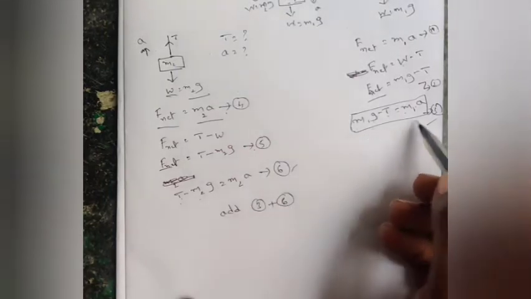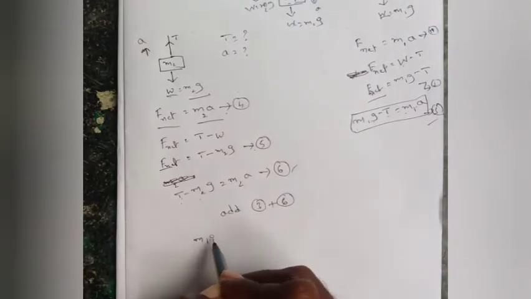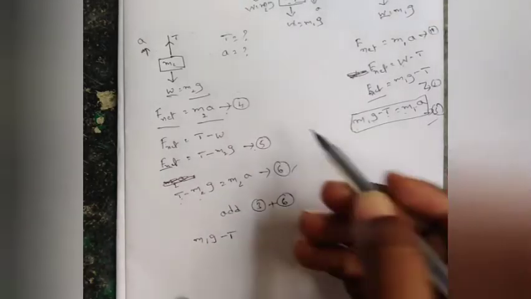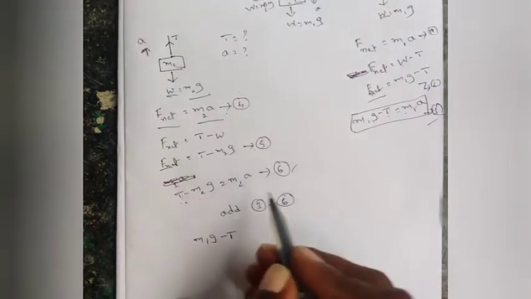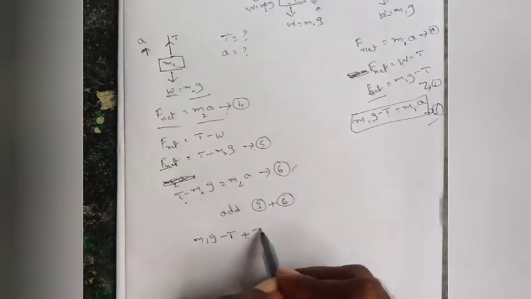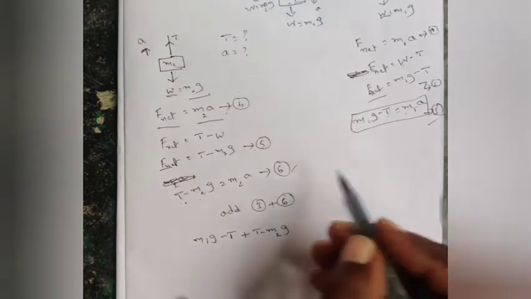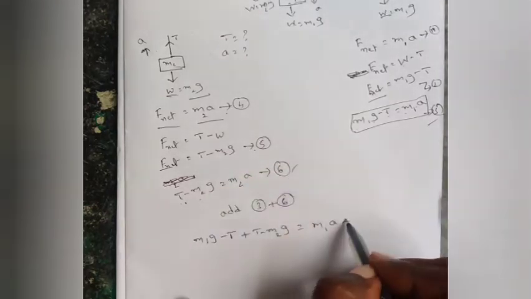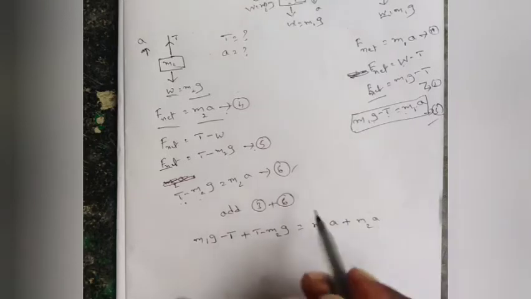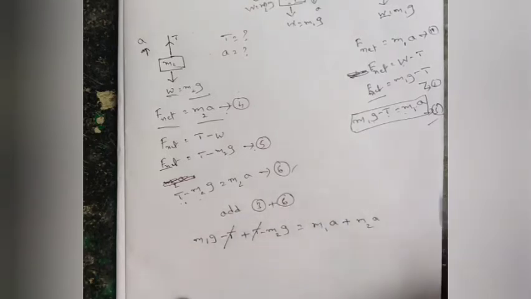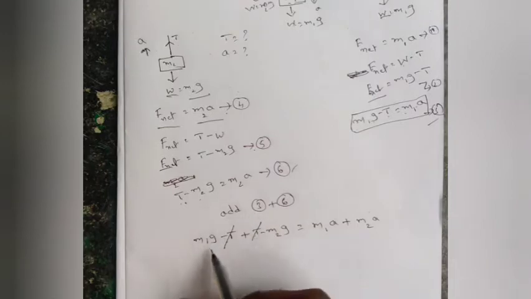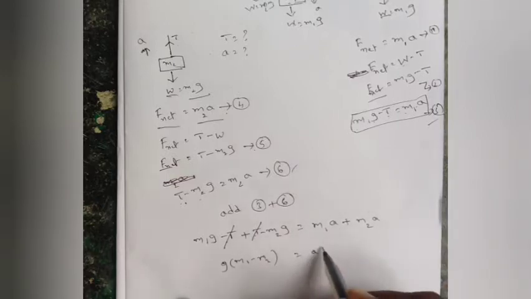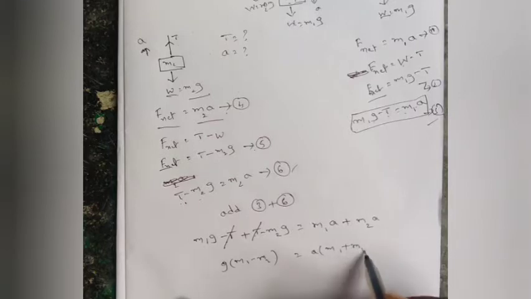The LHS is m1g minus tension plus tension minus m2g, equal to m1a plus m2a. Now cancel the opposite terms, minus T plus T. Next, take out the common terms. g is common, so g into (m1 minus m2), equal to a is common, so a into (m1 plus m2).